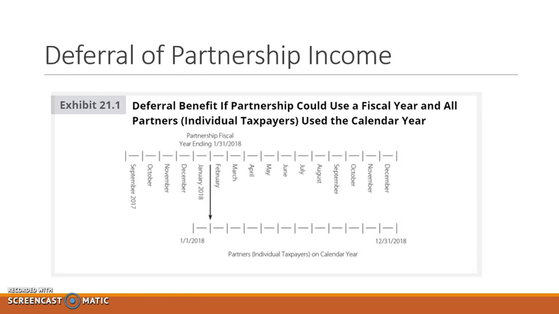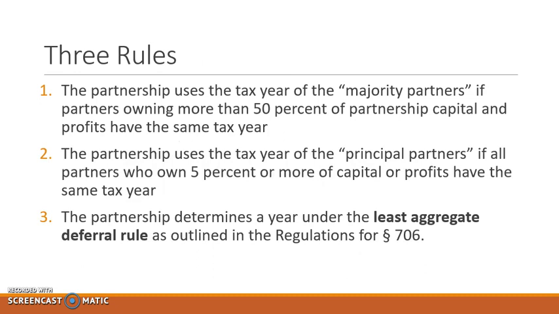So next we're going to talk about how to actually determine the required tax year. There are three different rules that are evaluated, and you have to go in order. For the first one, the partnership uses the tax year of the majority partners if partners owning more than 50% of partnership capital and profits have the same tax year. And then if they do not meet that rule, you go on to the second one, which says that the partnership uses the tax year of the principal partners if all partners who own 5% or more of capital or profits have the same tax year.